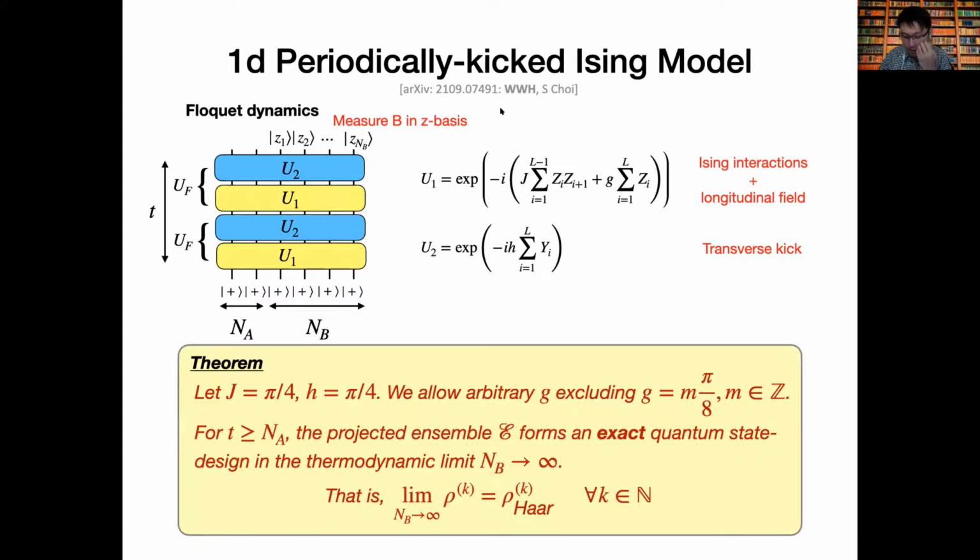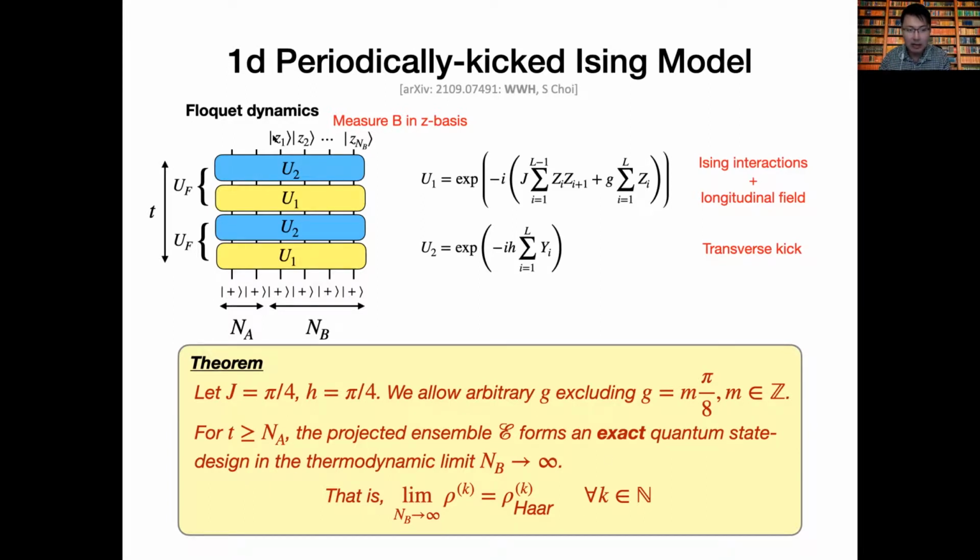We can prove rigorously a statement saying that if we let the Ising interactions be pi over 4 and the transverse kick be pi over 4, which are special values, but we allow for arbitrary G, the longitudinal field, excluding some special points which are integer multiples of pi over 8, then we can show that in dynamics, when the number of Floquet applications T is greater than or equal to the region of interest, so T greater than or equal to N_A, the resulting projected ensemble forms an exact quantum state design in the thermodynamic limit.